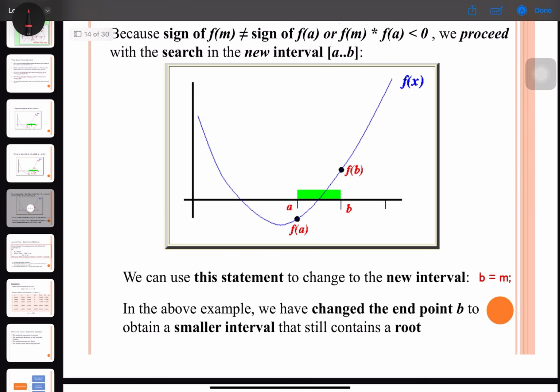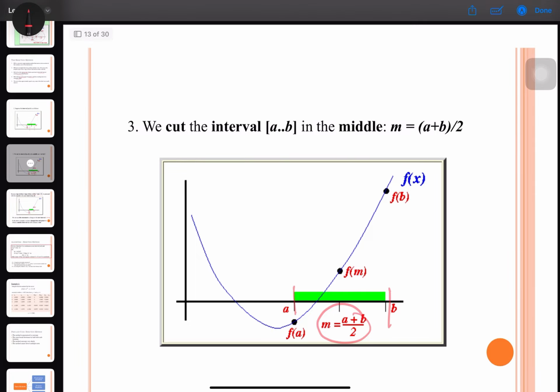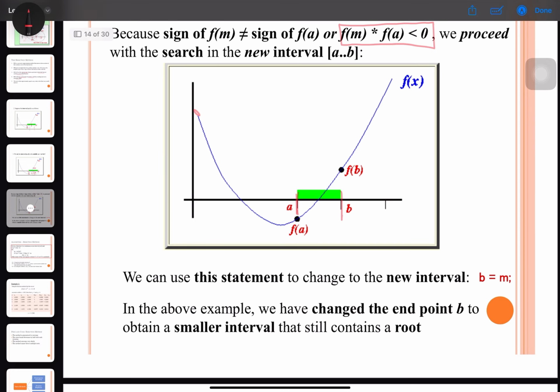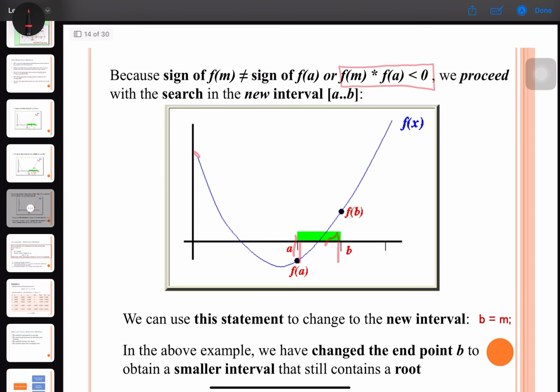Okay, after that, they have checked that using this algorithm, they find that your root is from A to B. Just now we have A to B here is a bit bigger, but now it becomes small, right? Okay, they have an algorithm, so they will keep cut until you get the answer.